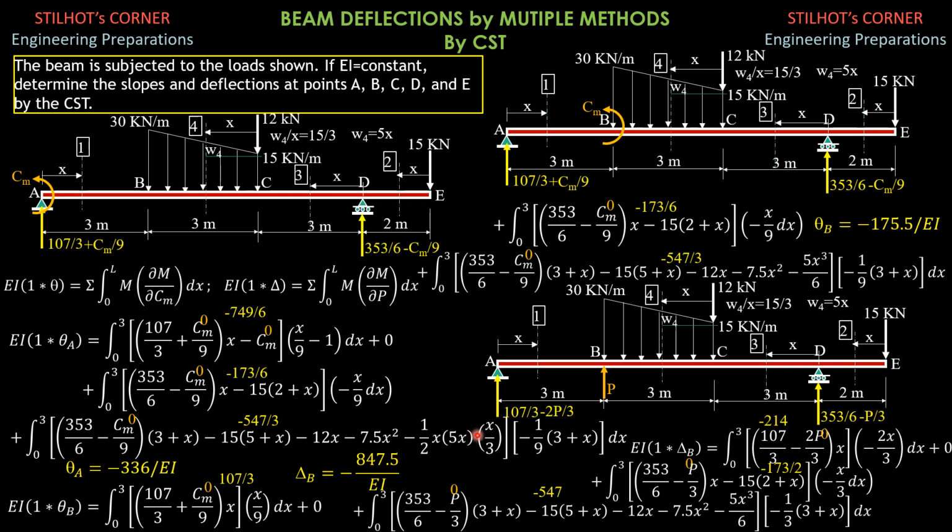This is 5x cubed over 6. Then the partial derivative of this moment equation with respect to C sub m is negative 3 plus x over 9. So integrating, it is negative 547 over 3. Combining values, negative 547 over 3 minus 173 over 6 minus 749 over 6 is negative 336 over EI.